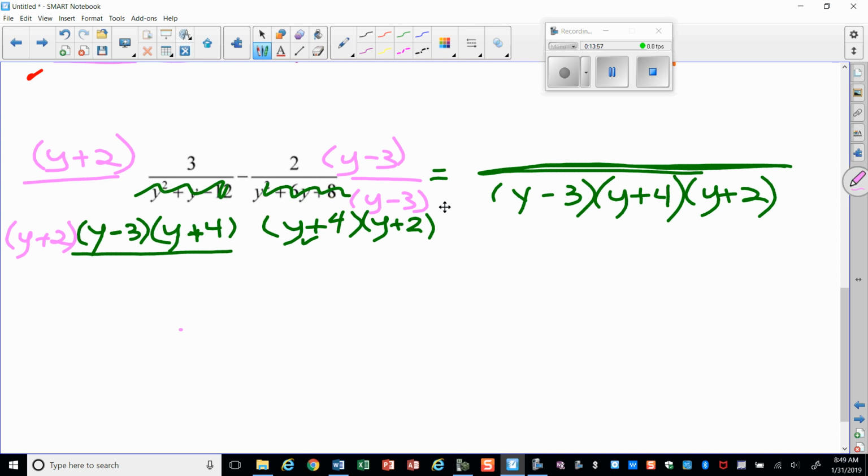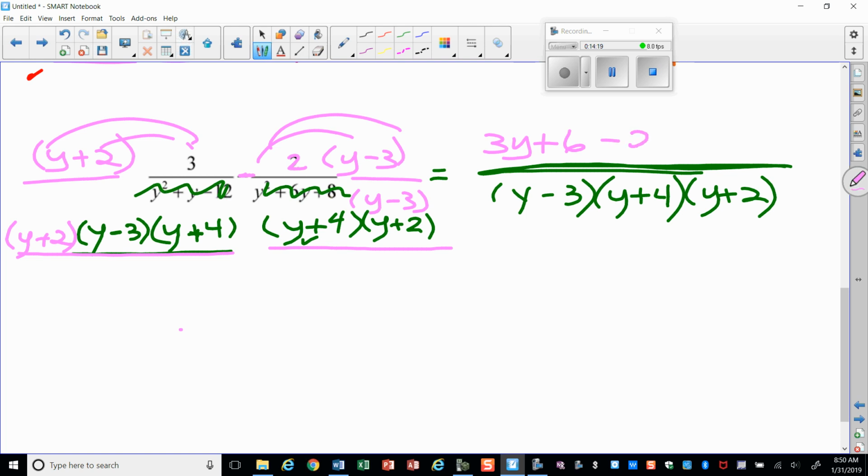Okay, so now both of these denominators are the same, right, I have all the factors, so now I can distribute up on top, so I get 3y plus 6, right? And then now this is a negative 2 that's getting distributed, so that would be negative 2y, and then plus 6.